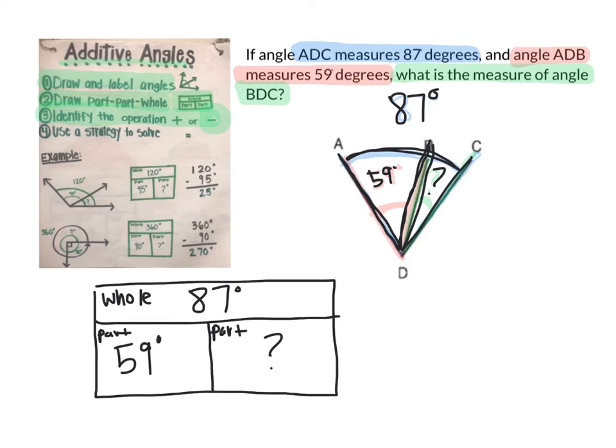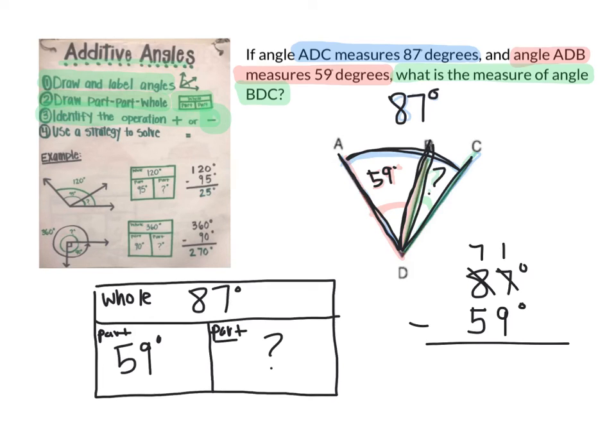So we take our total or our whole, 87 degrees, and we're going to subtract our part in order to solve for our missing part. So we've got 7 minus 9. We've got more on the floor, so we need to go next door to borrow. When I borrow 1 from my 8, we're left with 7.